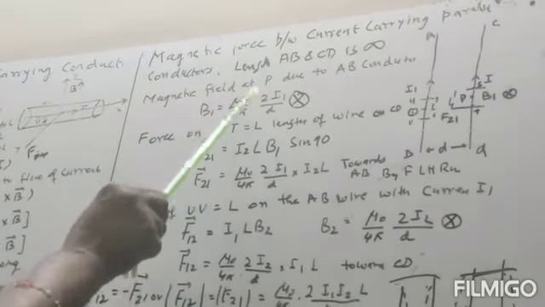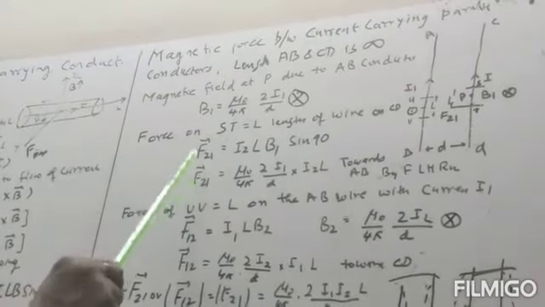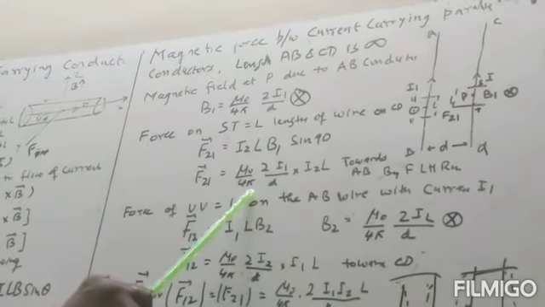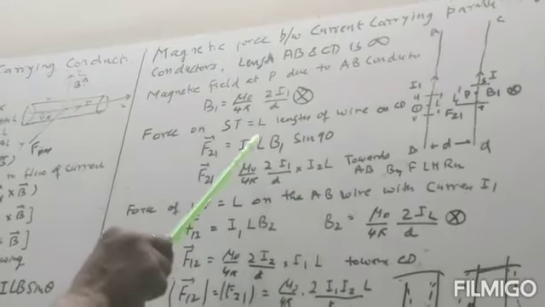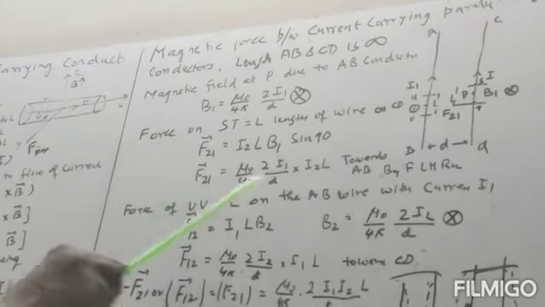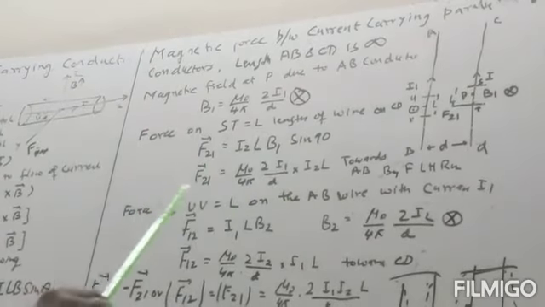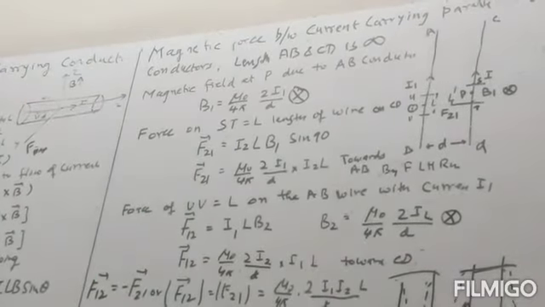Substituting the value of B1, the force F21 will be equal to mu0/4 pi times 2 I1/d times I2 times L. This is the magnetic force, and the direction of force will be given by the left hand rule.